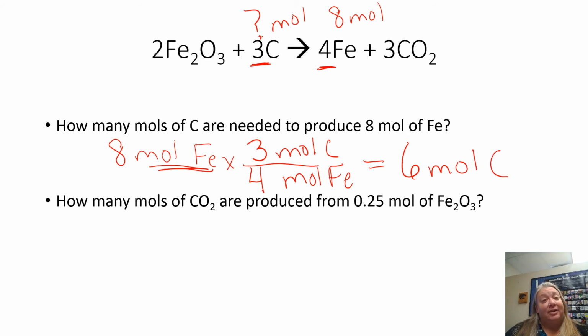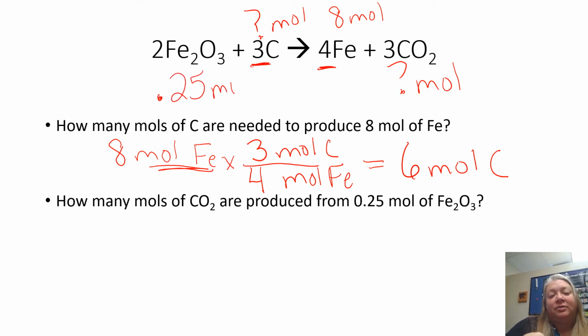Now let's try the second one. If you need to, pause and see if you can work it out and then come back. Now this one says how many moles of CO2 are produced from 0.25 moles of iron oxide. So we're going to start with our 0.25 moles of iron oxide.